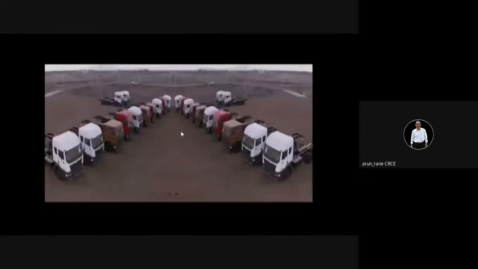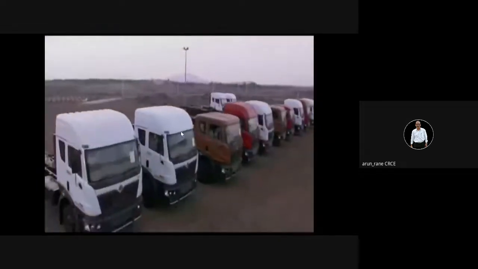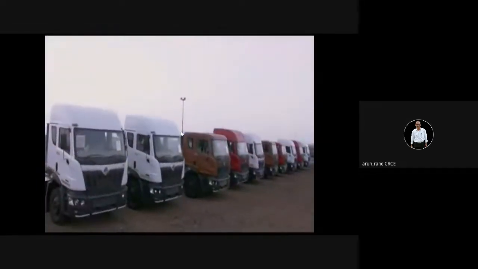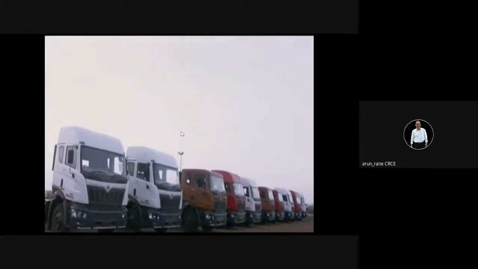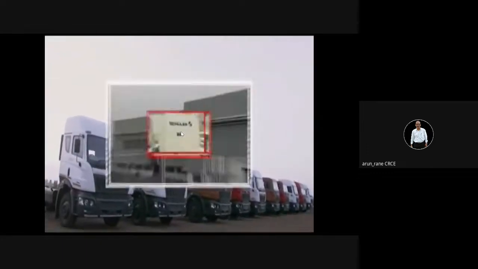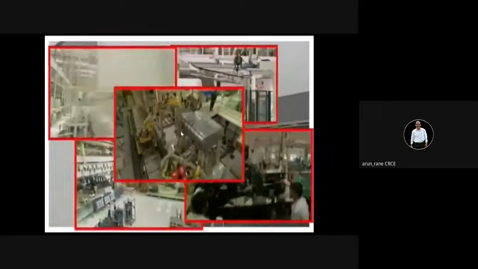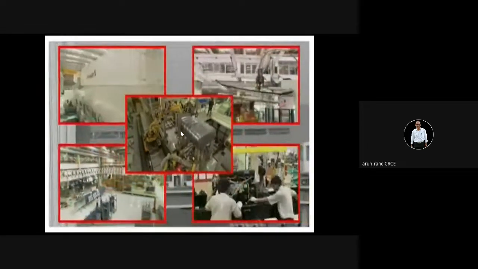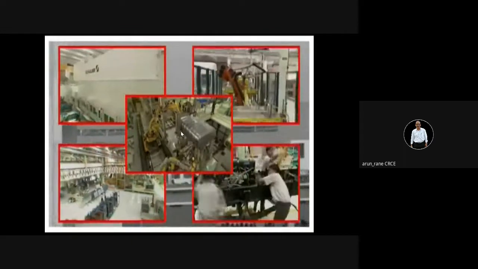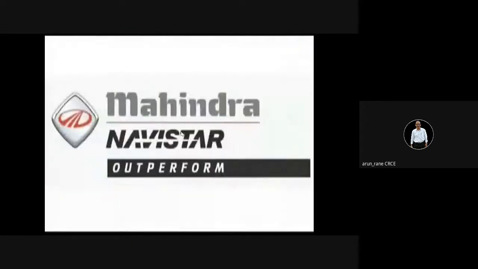The factory of the future to produce the outperformance of the future. Mahindra Navistar's versatile, scalable, and future-ready manufacturing facility in Chakan, the birthplace of outperformance, the epicenter of India's trucking revolution.